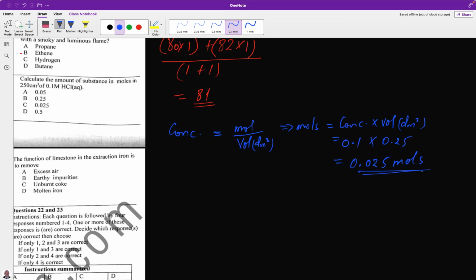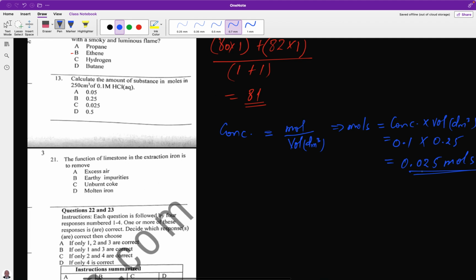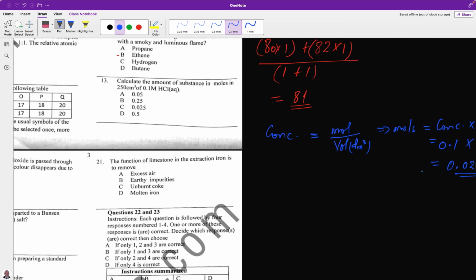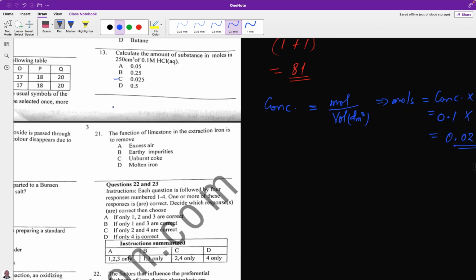Looking at our answer column, C will be our answer, 0.025. C is our answer for question number 13.